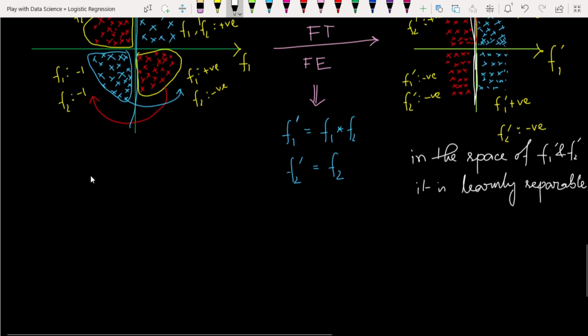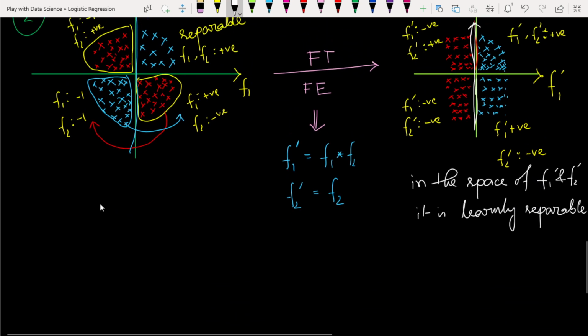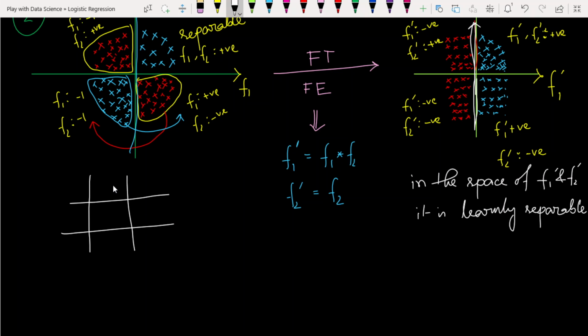In another language, this kind of data is called XOR data. Why is it called XOR data? Because if we call one class of data 0 and another class 1, then this kind of data follows 0 0, 1 1, 0 1, the XOR transformation.